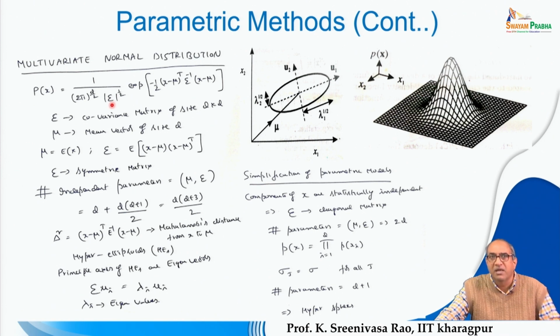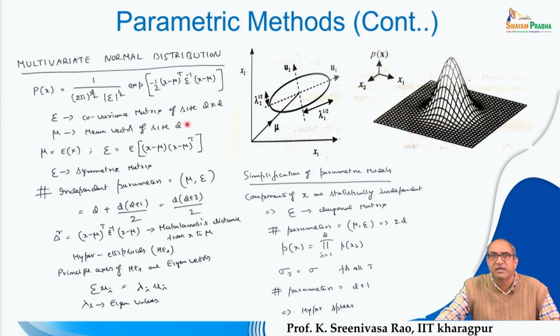Since it is d-dimensional data, sigma is known as the covariance matrix, and the size of this covariance matrix will be d cross d. That means there are d rows and d columns, where d is the dimensionality of a feature vector, or the number of components in a feature vector. Since the dimensionality of a feature vector is d, the mean vector is also of size d.